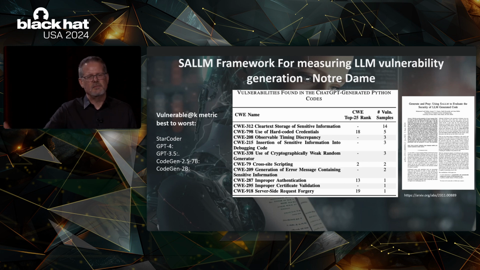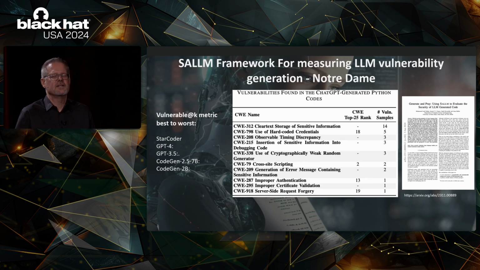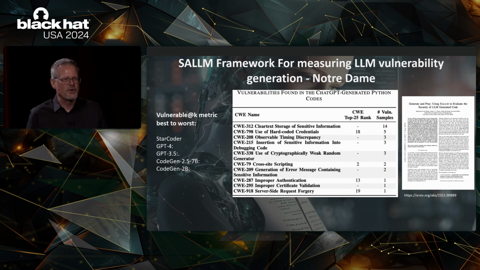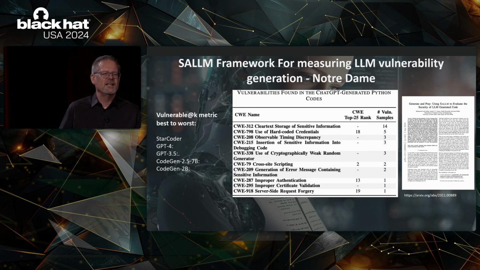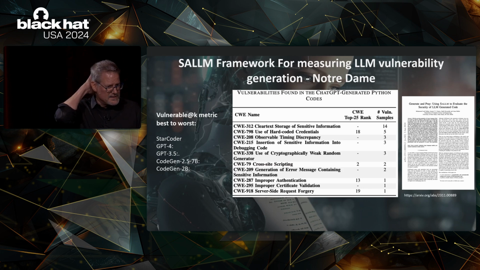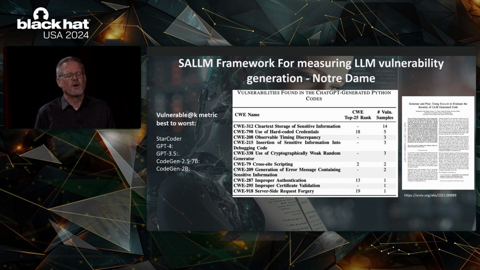You can say, well, my developers are using Code Whisperer, or they're using something else. How does that stack up against the other LLMs they could be using? I love that 50% productivity gain, but I don't want it all eaten up by having to fix a lot of insecure code, right? I don't want to take on all that risk. And so this SALM framework was built to measure how these different LLMs performed.